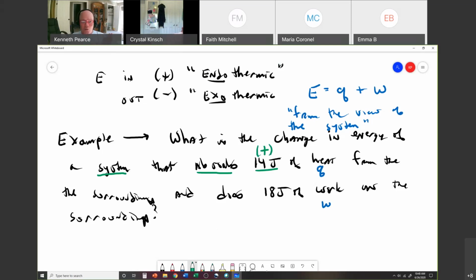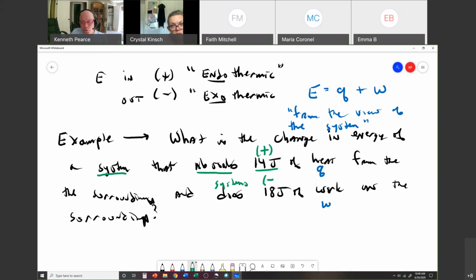And then it says, and does, and from the plain English reading of this, the system does 18 joules of work on the surroundings, which means you are doing work from the system, which means this must be minus 18.